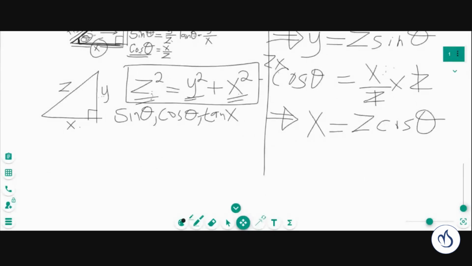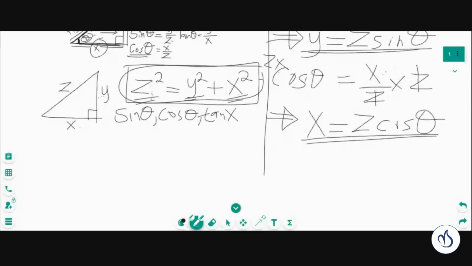So far, we need to remember these two things and then our Pythagoras theorem. I am going to replace X and Y in that identity, the Pythagoras identity.